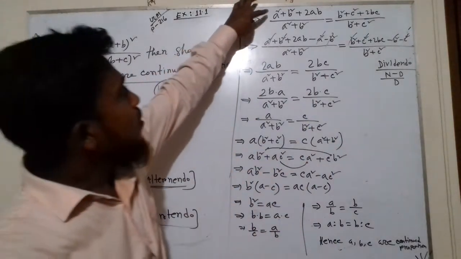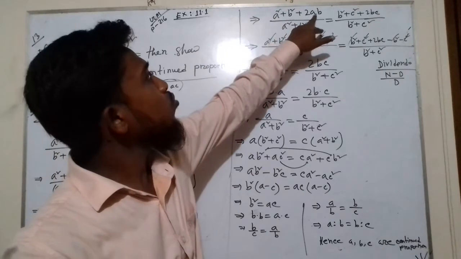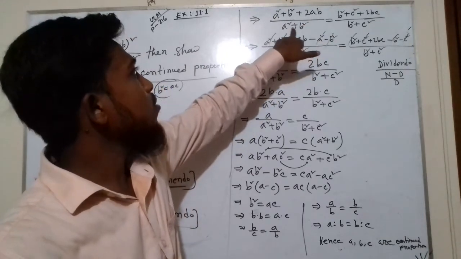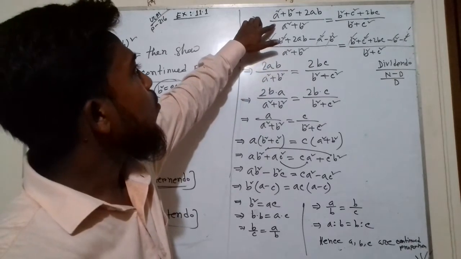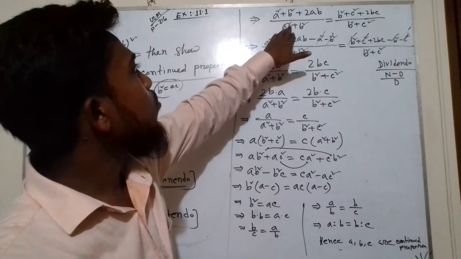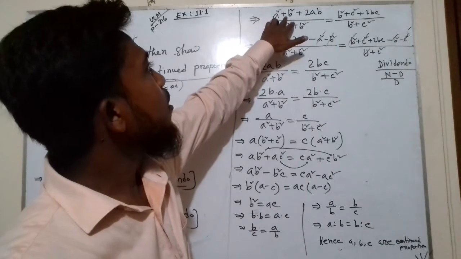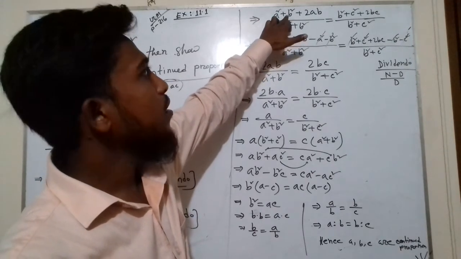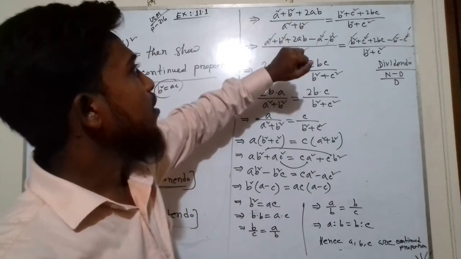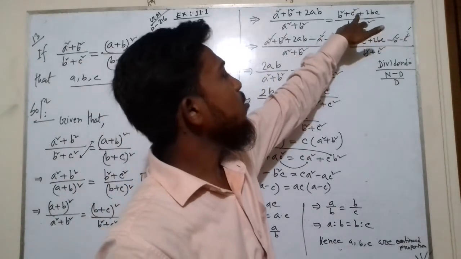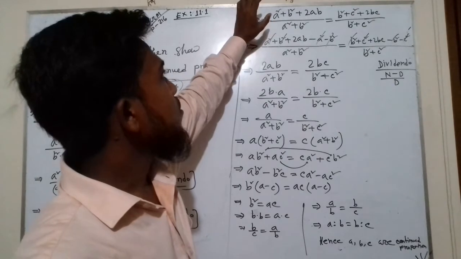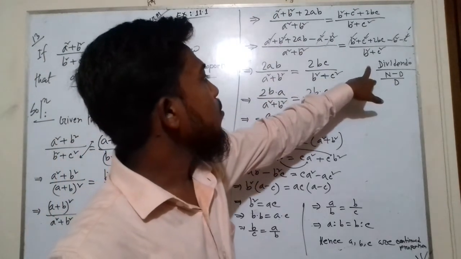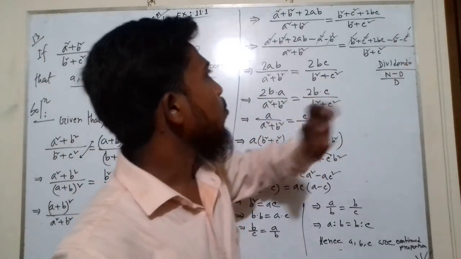Look here, (a square plus b square plus 2ab) divided by (a square plus b square). If we use the formula of dividendo, then the a square plus b square will be cancelled, and the b square plus c square will be cancelled. So this line is simplified by using the dividendo formula.